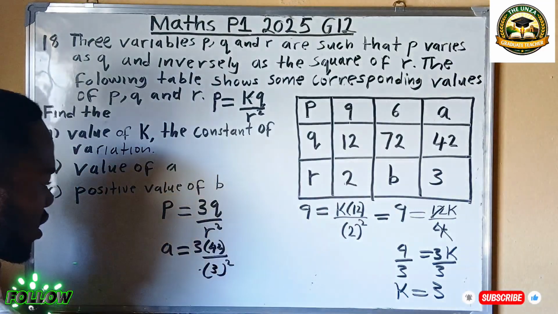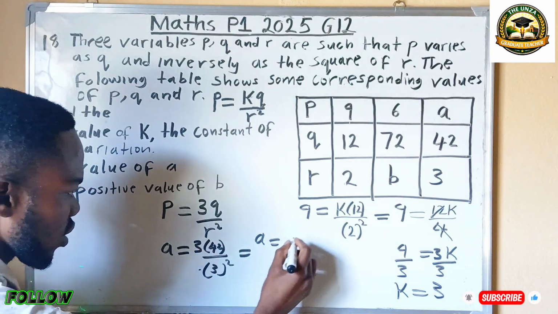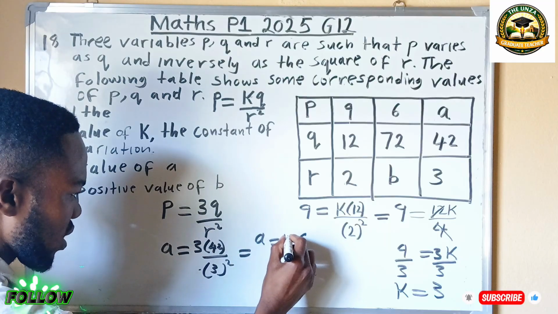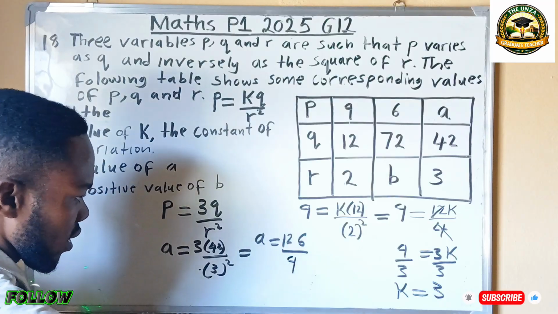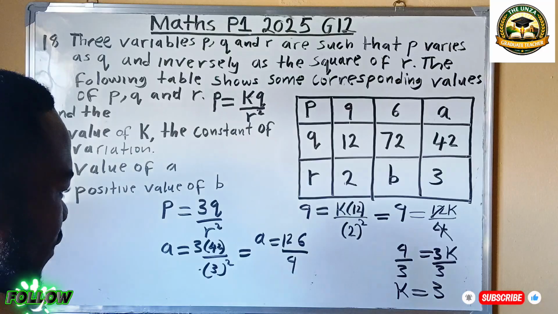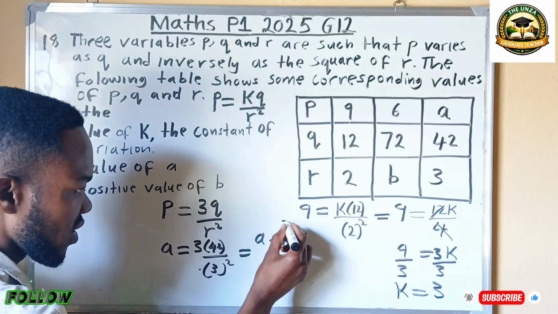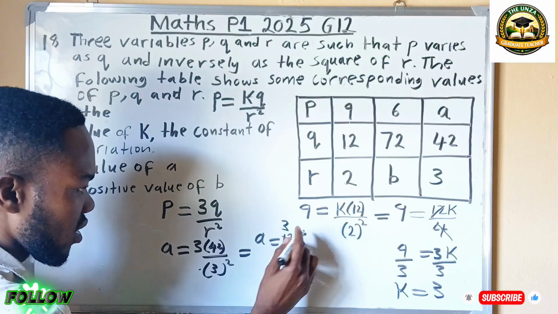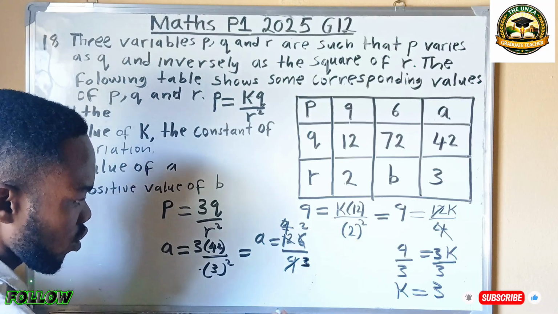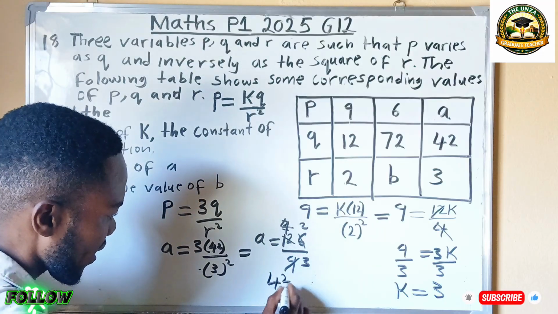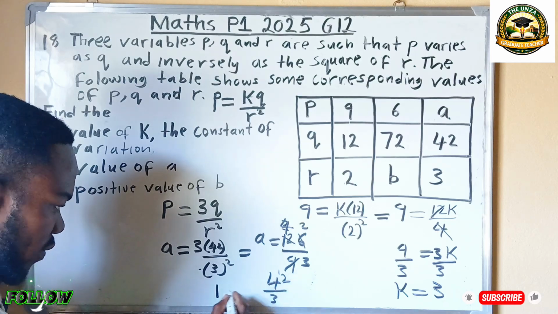Where there's R, you put 3. So A equals 3 times 42, which is 126, over 3 squared, which is 3 times 3, giving 9. Now you have to find the number which can go into both without a remainder, which is 9. So 126 over 9 is 42 over 3, and 3 into 42 gives 14.